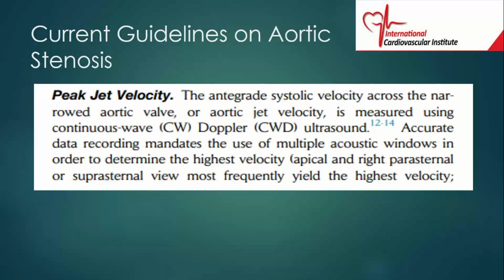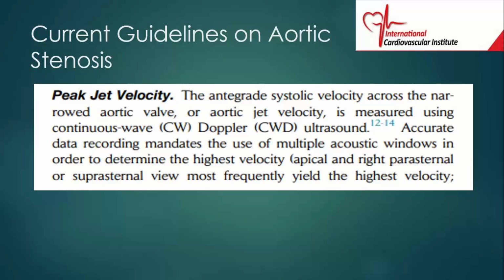Also, as mentioned before, we have recognized that the flow across the valve is going to affect the velocity and hence the gradient. So there are conditions where you have a low flow situation, and the low flow is going to affect the velocity and the gradient.